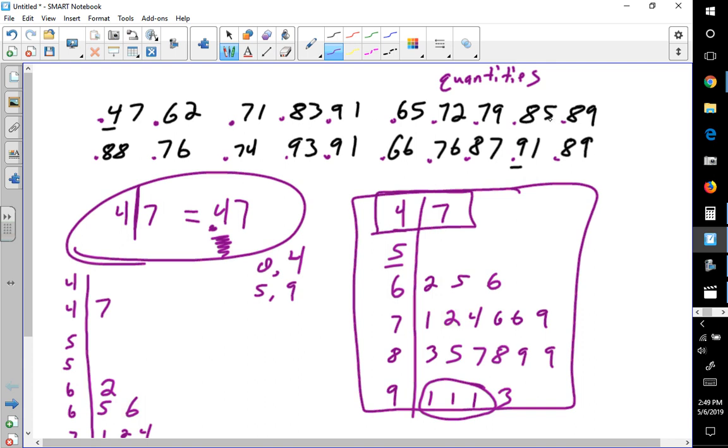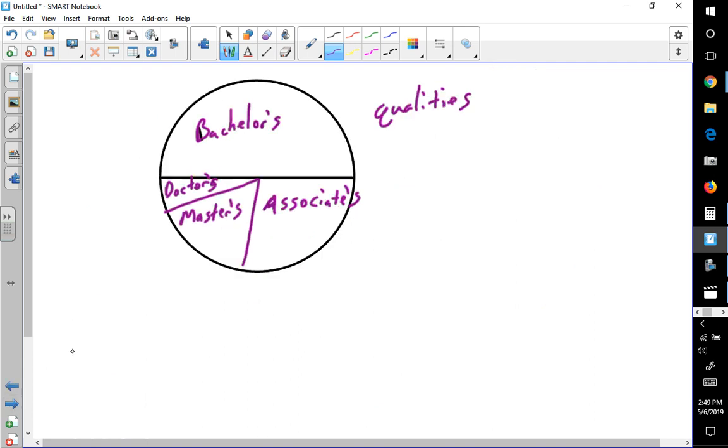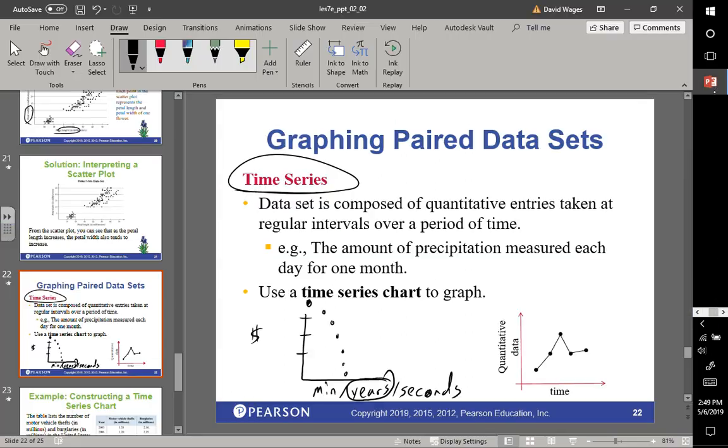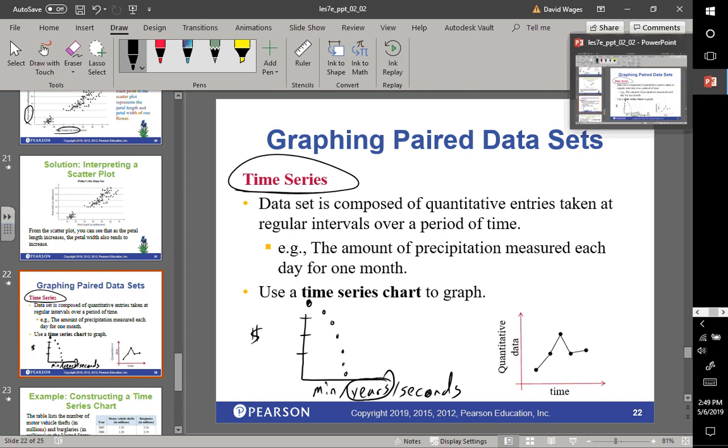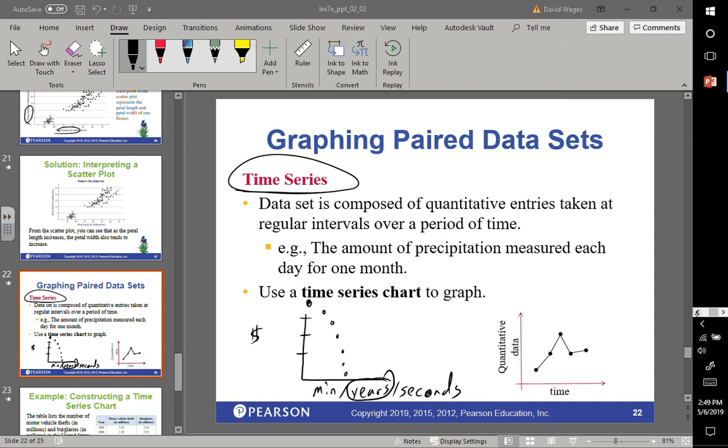These might have been test scores, so we were taking the test score from each person, as compared to our time series, which was two variables. It was a time and a quantity. So these are just tools that we can use to help further organize our data once we have collected it, and now we can use those pictures to help us further analyze different trends and so forth.